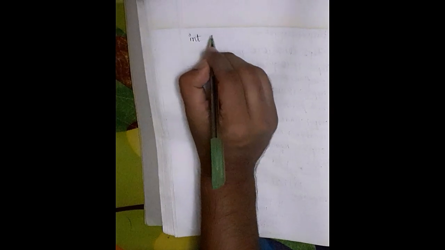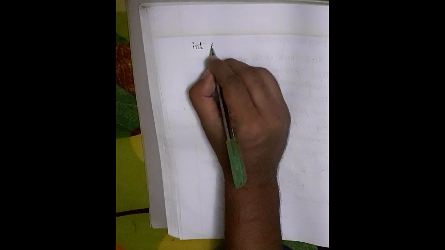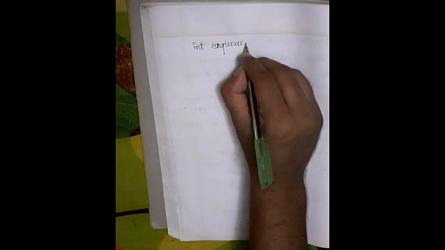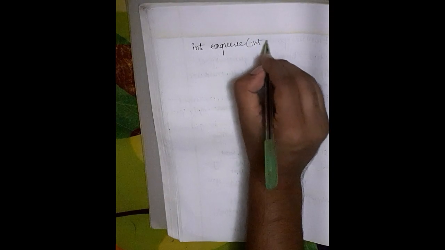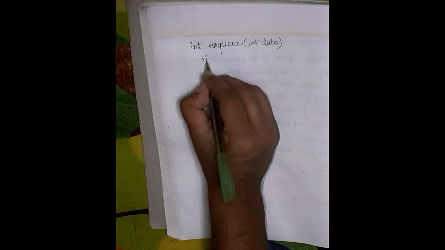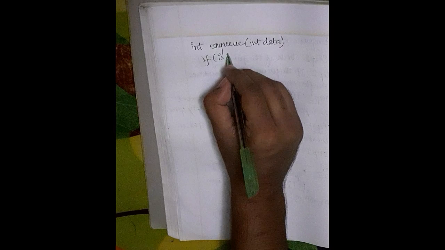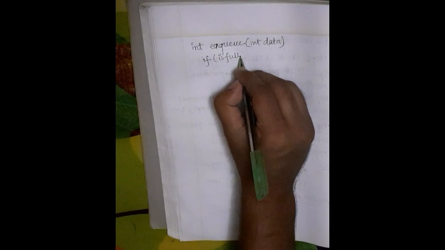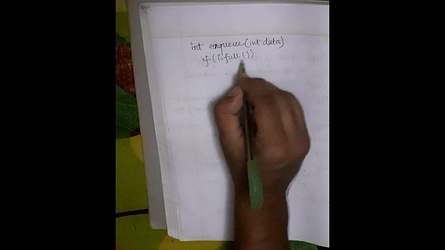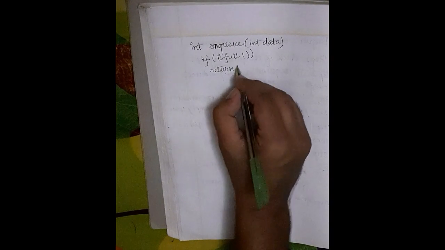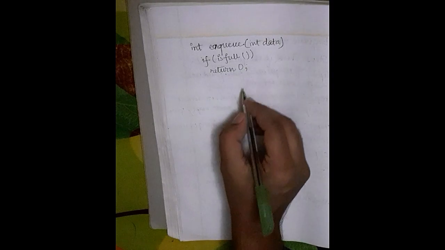We first write integer type int NQ, then int data. If Q is full, then return 0.